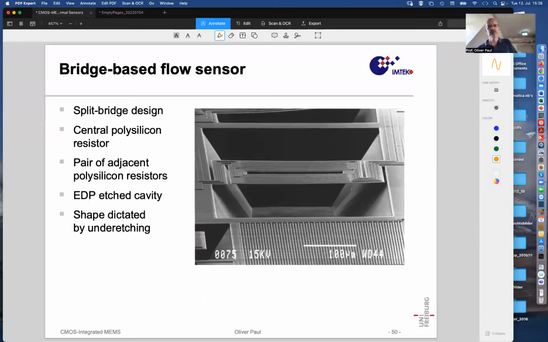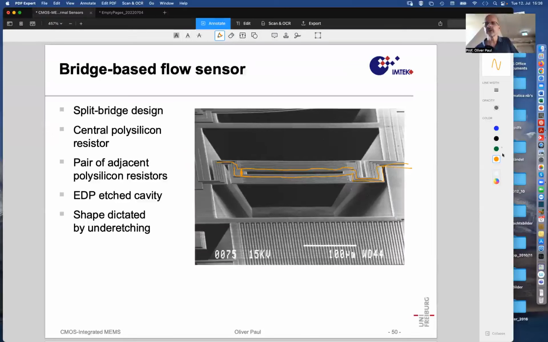bridges, but the heating resistor in this sensor is essentially along the inside of this one bridge, and then along the other direction of the bridge. It's connected here and then connected to the outside here.